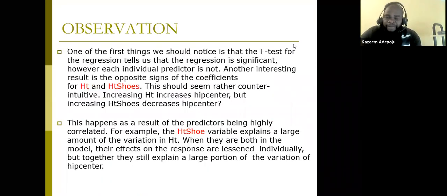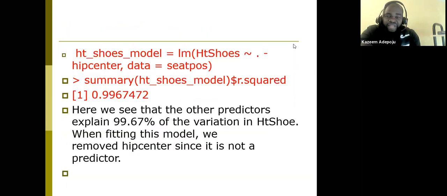Now, I said this happened as a result of the predictors being highly correlated. For example, the HTShoes variable explains a large amount of variation in HT. When you look at these two variables, they are highly correlated, and that is the reason why there's a problem. If that is the case, we're going to be thinking of what to remove.